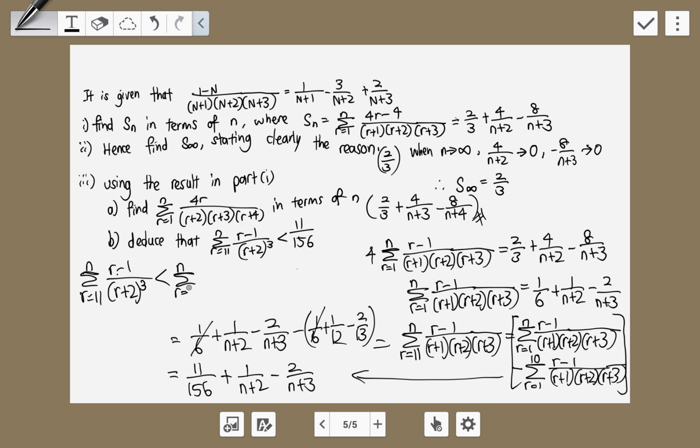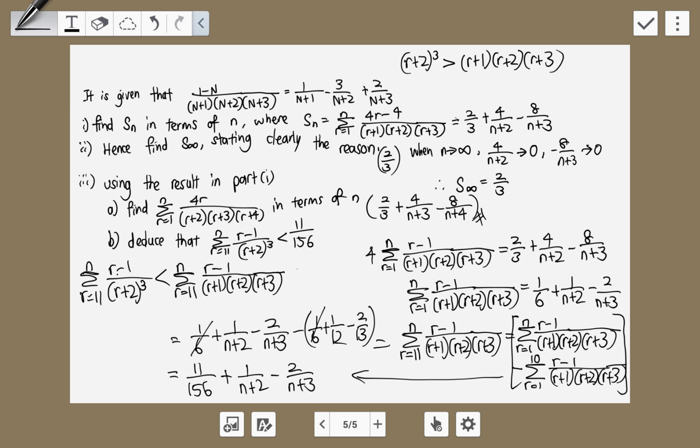I'll show you why I think this term is smaller than this term that I'm writing here. Because you see, I can prove that r plus 2 cube is greater than r plus 1, r plus 2, r plus 3. I must try to prove this.